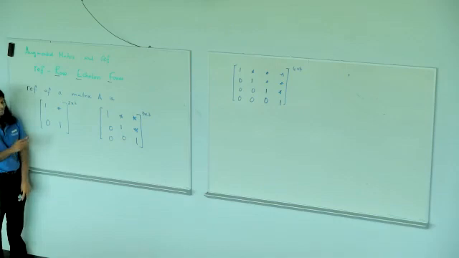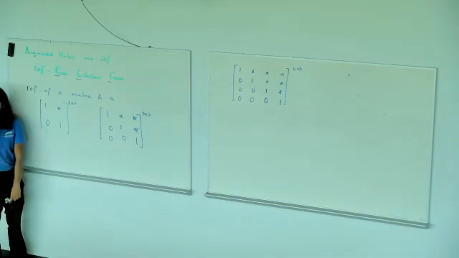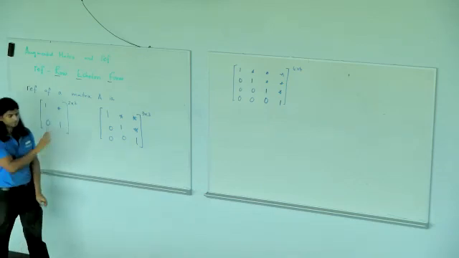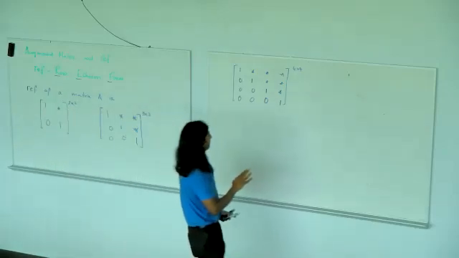Well, the calculator doesn't magically do an inverse. There is a process behind it. One of those many processes is to obtain the row echelon form. Why is this important?